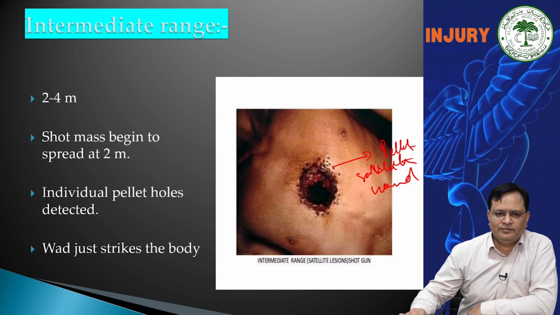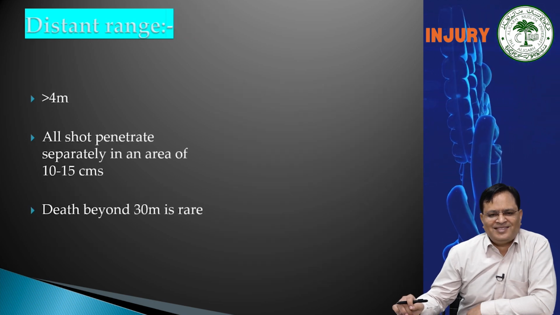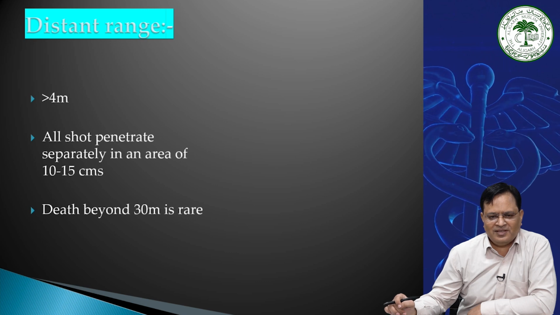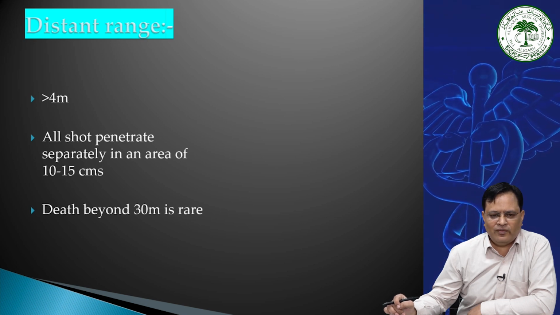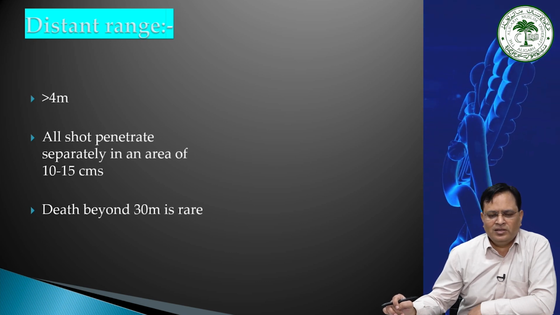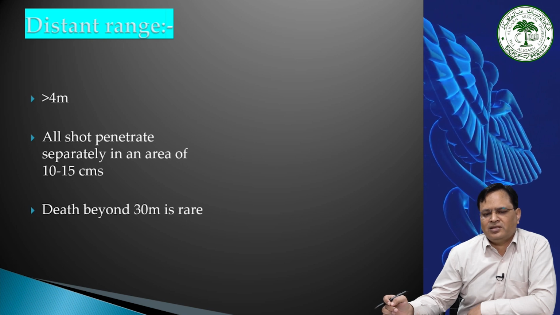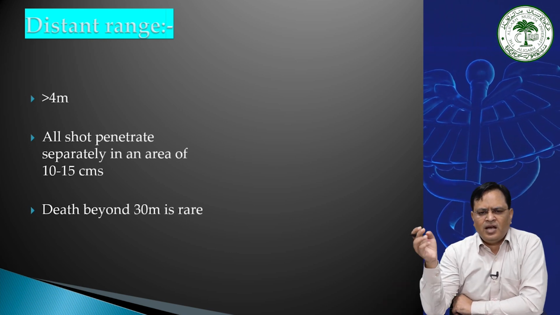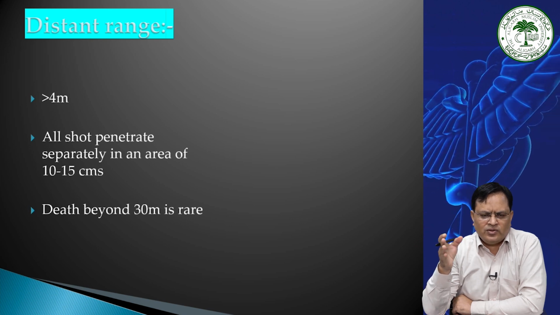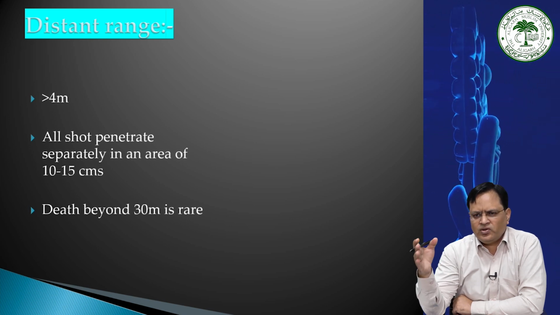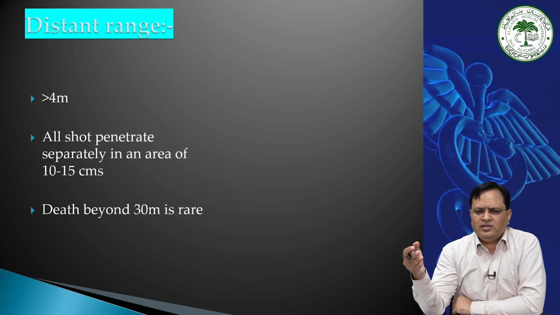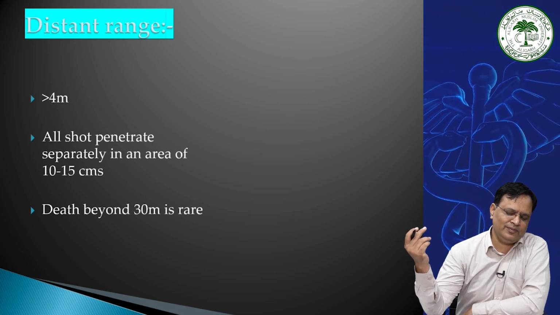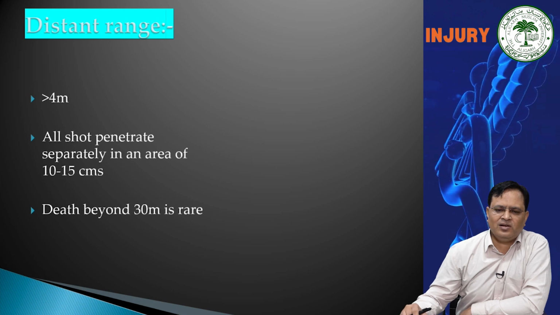Then again we have distance range greater than 4 meters. All shot penetrates separately into an area of 10 to 15 centimeters. That beyond 30 centimeters is rare. By shotgun we have generally a ratio just within short range. For long range, we use rifle weapons or pistols, the automatic pistol or the revolver.